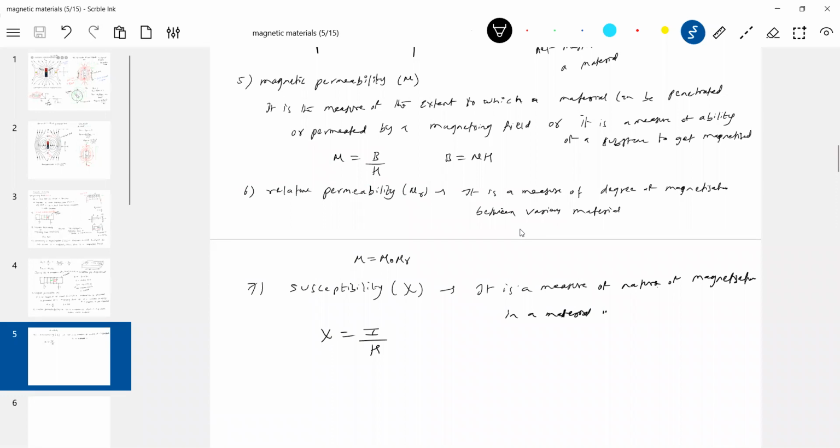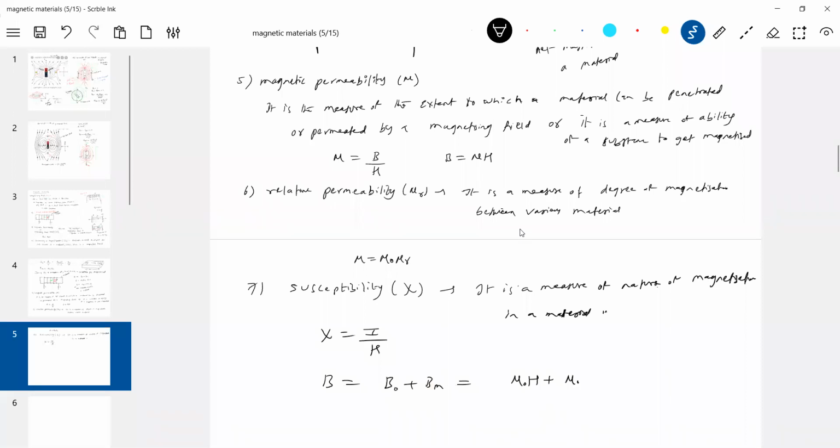Okay, let's get into the basic thing. We have started like this, no? B is equal to B naught plus Bi, the induced magnetic field, or Bm. B naught is what? Mu naught H. And what is Bm?